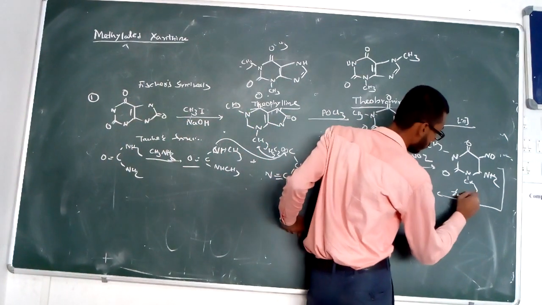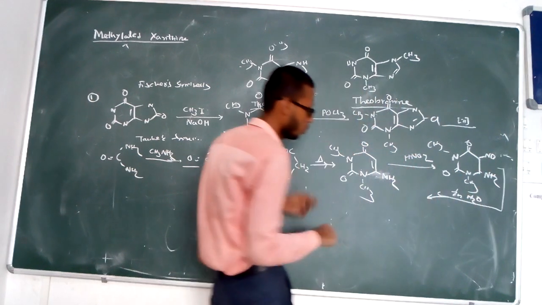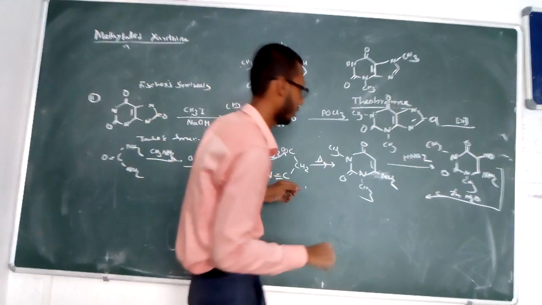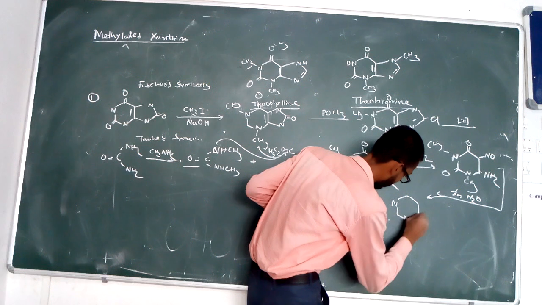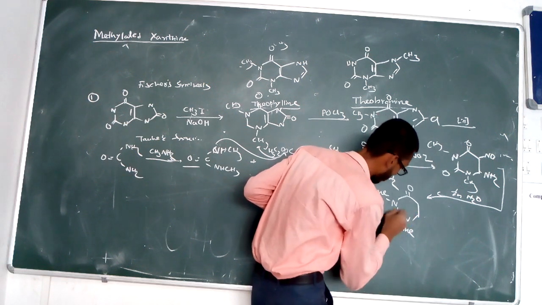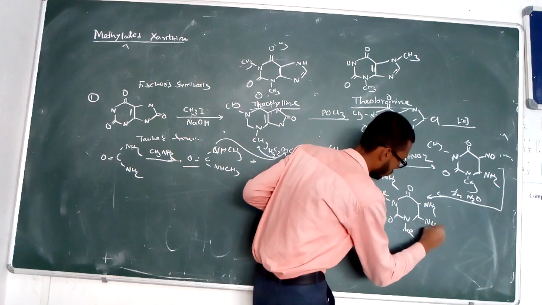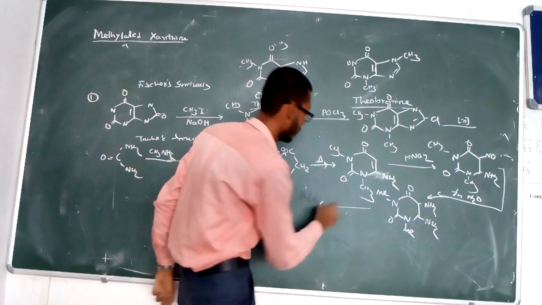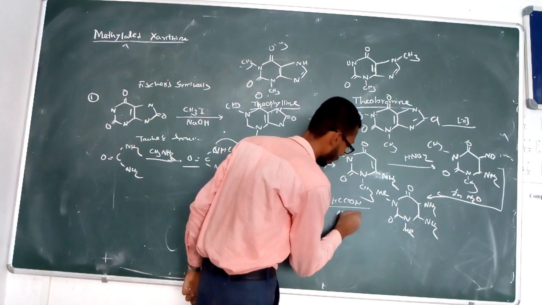By using zinc water, this one is easily converted to NH2, and what structure is obtained? N-methyl, NH2, NH2. The next step, in the presence of formic acid, HCOOH, is required.